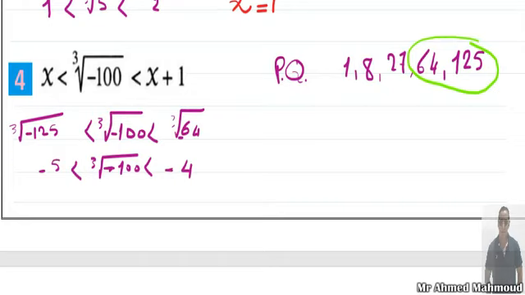Then the two numbers that include root negative 100 are negative 5 and negative 4. The value of x is negative 5. Okay, let's solve the next one.